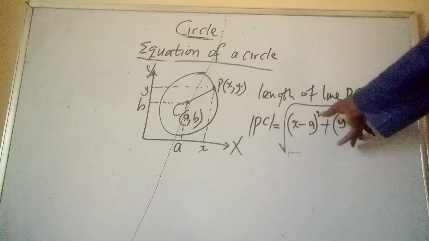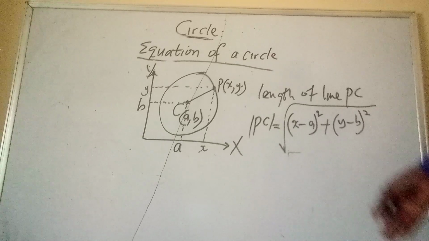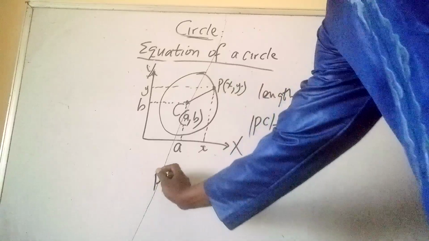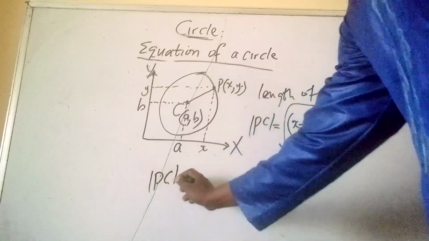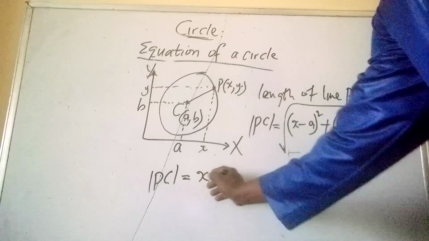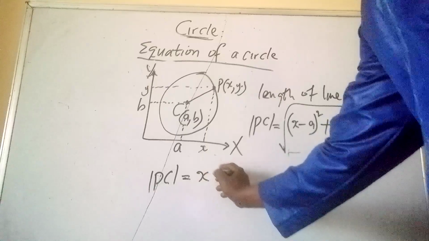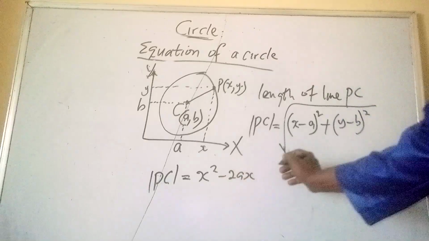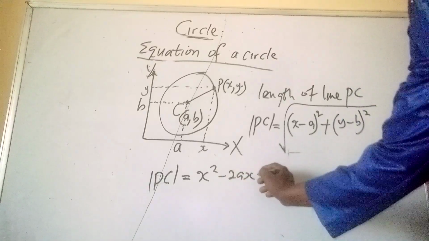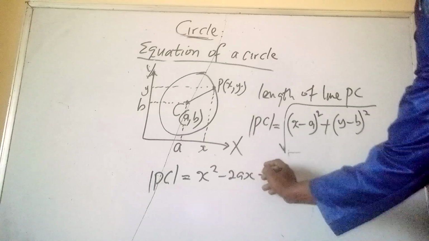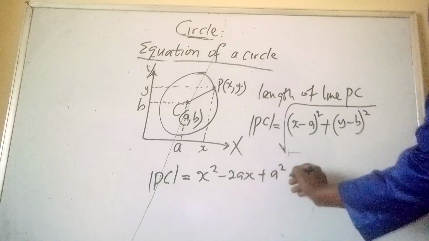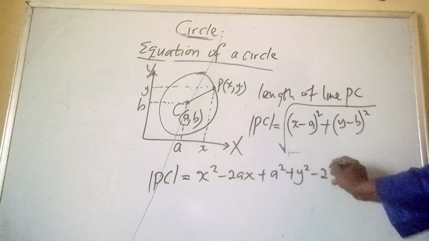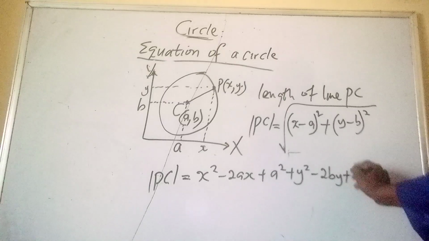Now let's open this. If we open this, that means we are going to have PC, which is equal to the square root of x squared minus 2ax plus a squared plus y squared minus 2by plus b squared.